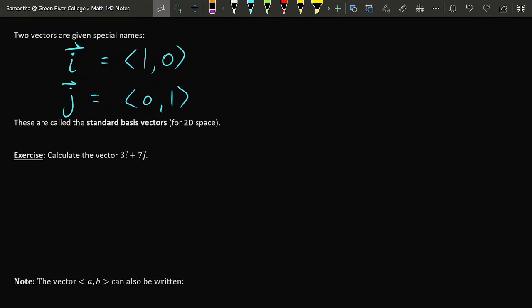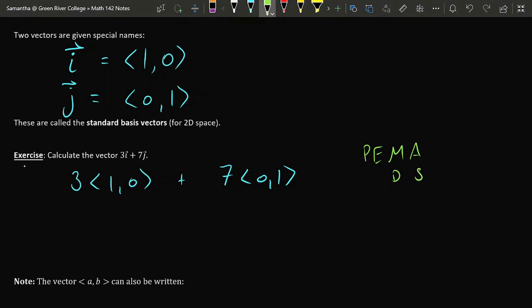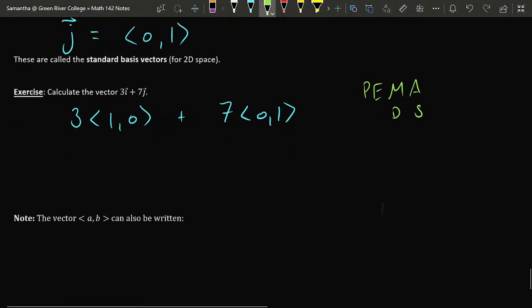Now let's see what happens when we calculate something like 3 times i plus 7 times j. So scale i by 3, scale j by 7, and then add the results together. Now, just like with real numbers, PEMDAS is something that applies for vector arithmetic as well.